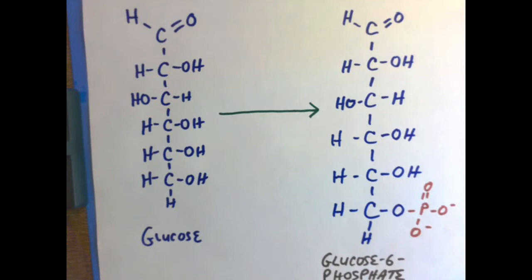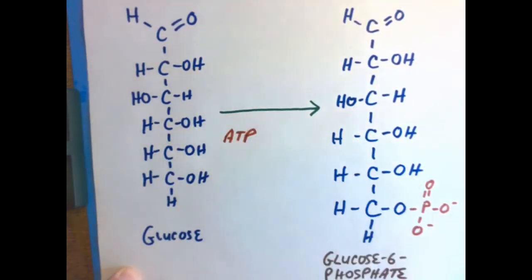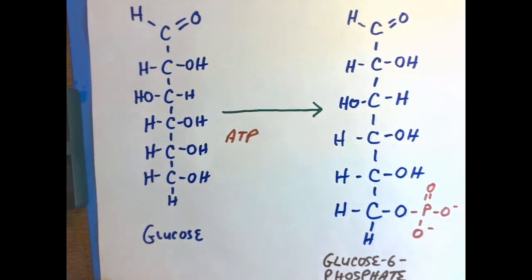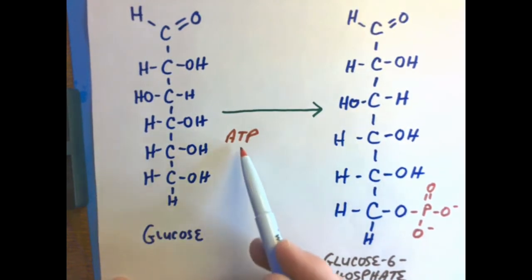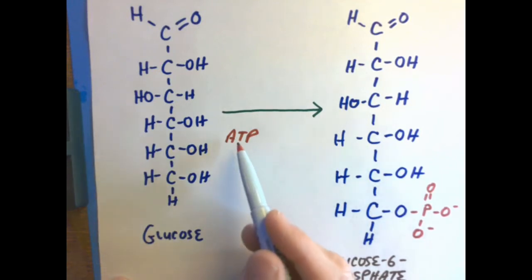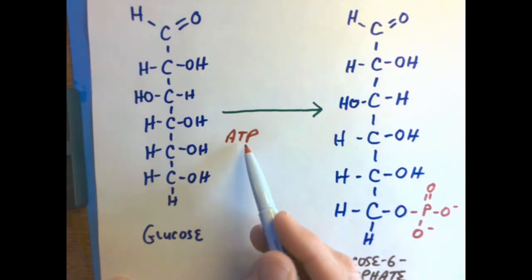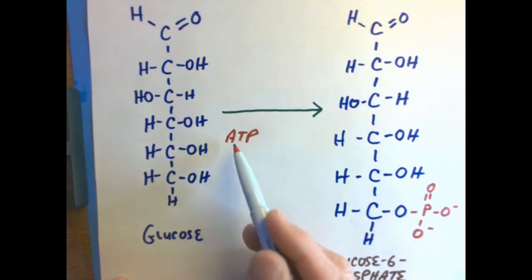It was ATP. So the two starting materials of this first reaction of glycolysis are your glucose and a molecule of ATP. Remember, this is happening inside of a cell. So cells have ATP. There's always some ambient ATP lying around. So you pick up an ATP, you rip off one of the 3 phosphates, and you attach that phosphate to carbon number 6.